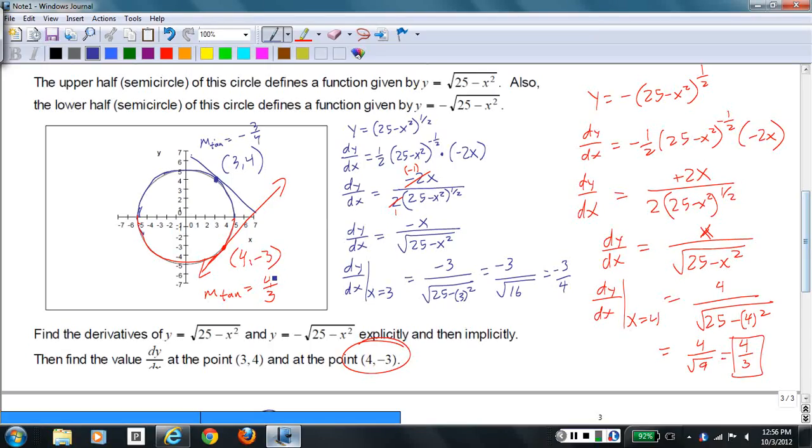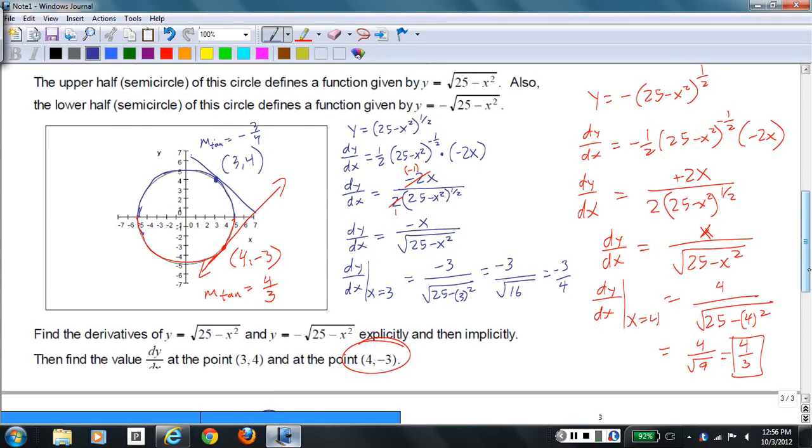If we try it at the point (4, -3), negative x over y would be negative 4 over negative 3, and that's positive 4/3. So we don't need 2 separate expressions to come up with the slope of the tangent line. Negative x over y works for every point on that circle.